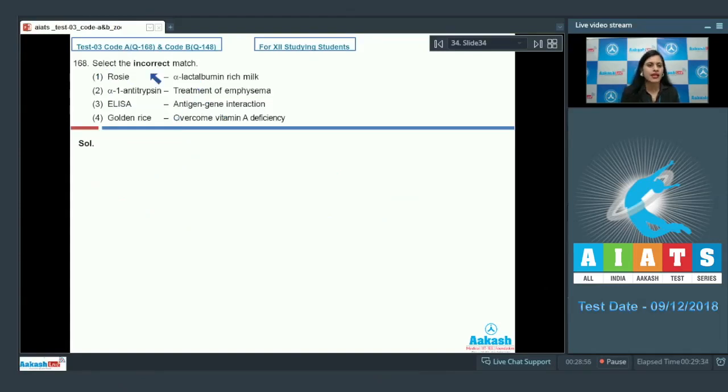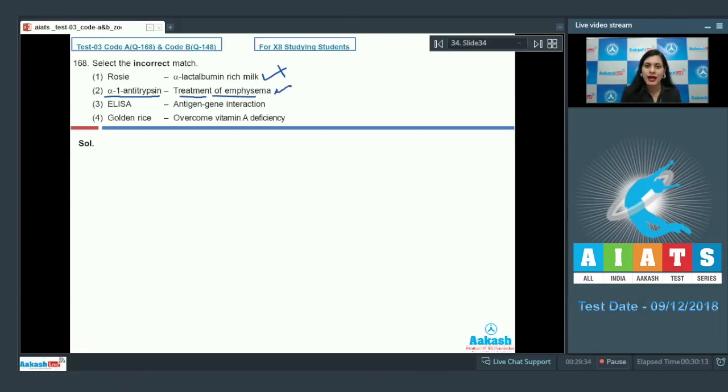Question number 168. Select the incorrect match. The very first option given is Rosie, and the match given is alpha-lactalbumin rich milk. This is a correct match, so this cannot be the correct answer to our question. The next option given is alpha-1 antitrypsin, and the match given is treatment of emphysema. Emphysema is a respiratory disorder, and alpha-1 antitrypsin is used to treat this disease.